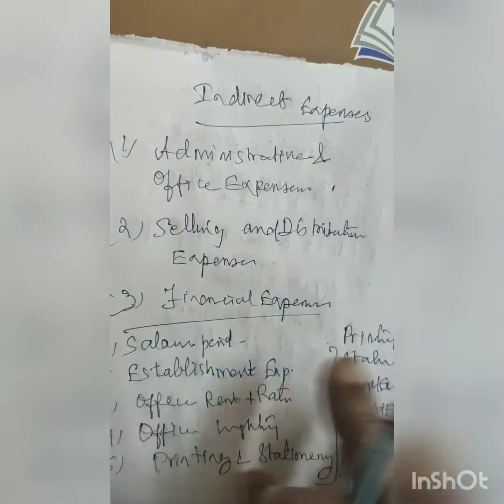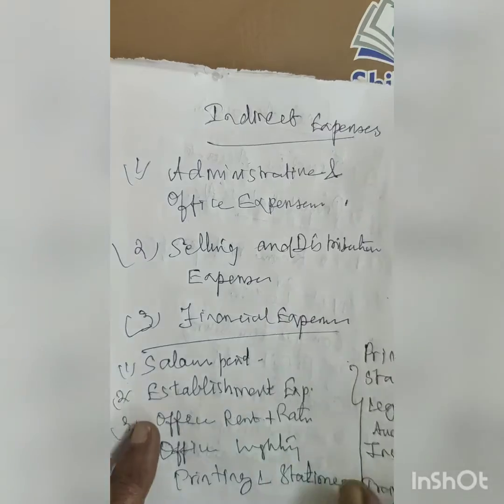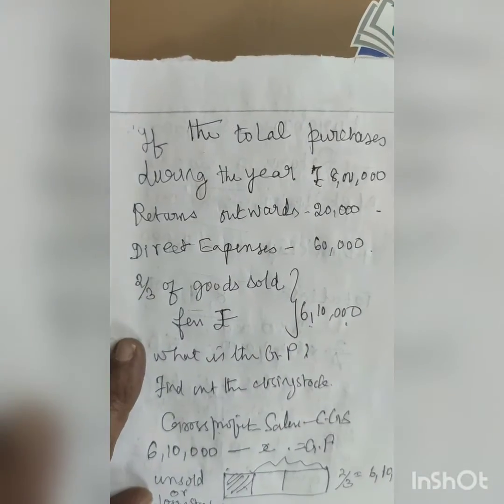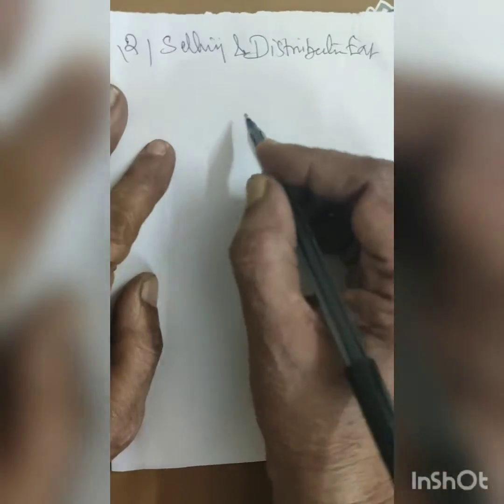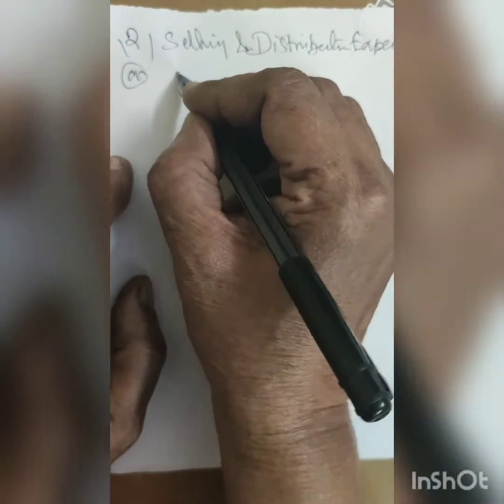Indirect expenses are nothing but the expenses which are incurred after the production. Now let us go to the next area. Number 2, selling and distribution expenses. Now what are the selling and distribution expenses?